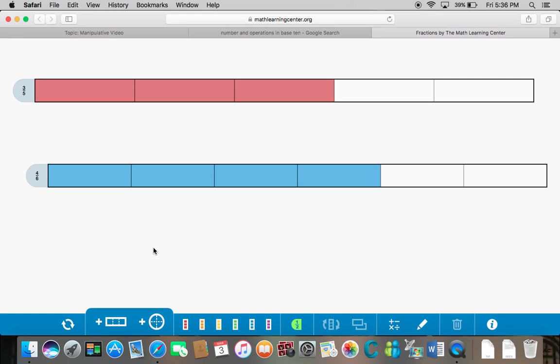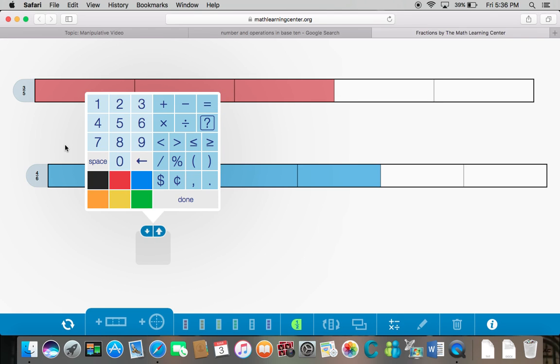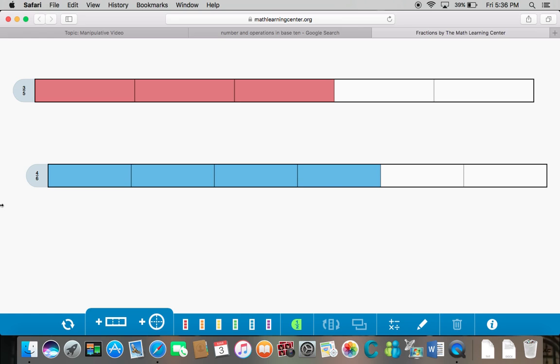You could even have them multiply it or divide it out to the side, and then we could check the answers. Just for them to get it, or to make better sense and have better math fluency, we could have them also create a bar graph of the new fraction that they came up with.